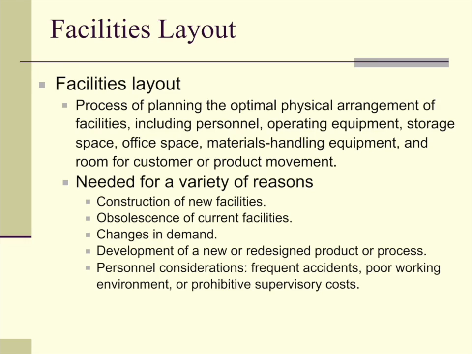Facilities layout is the process of planning the optimal physical arrangement of the facilities, including personnel, operating equipment, storage space, office space, material handling, room for customers, and the product movement.